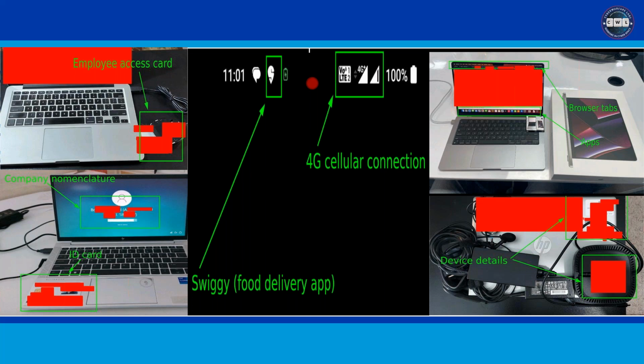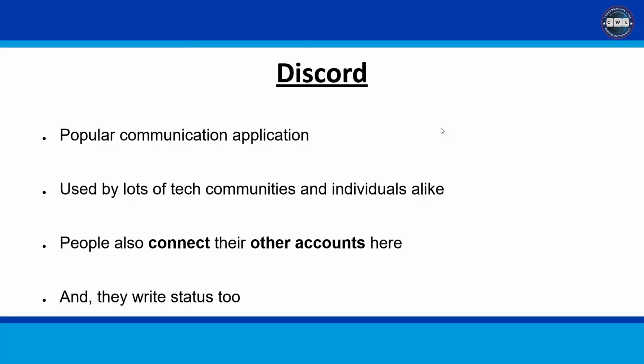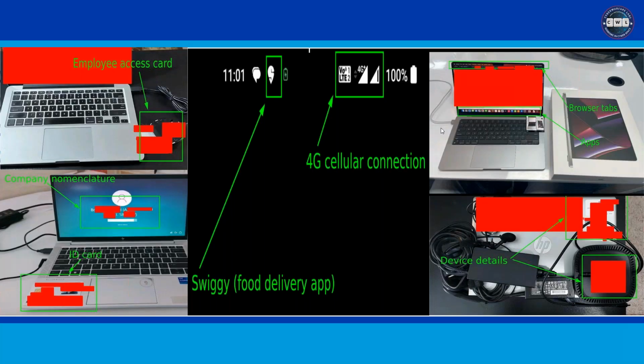In other images we can see device details and browser tabs. I can simply see that this company has these applications, these tech stacks, these softwares, these laptops and operating systems.